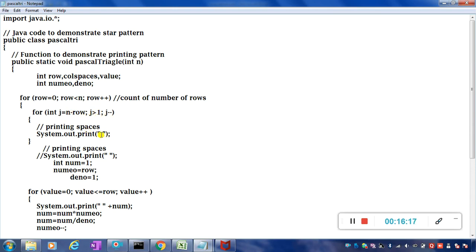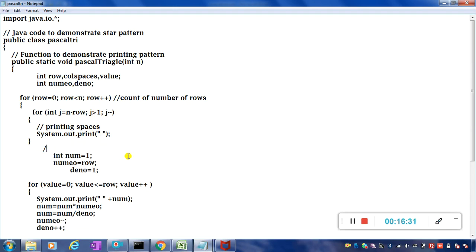So it will print spaces when j is 7, 6, 5, 4, 3, 2, 1. When j becomes 1, 1 is not greater than 1, so it will come out of this loop. This is printing the spaces. So till here it is the same way as what we had done till now.